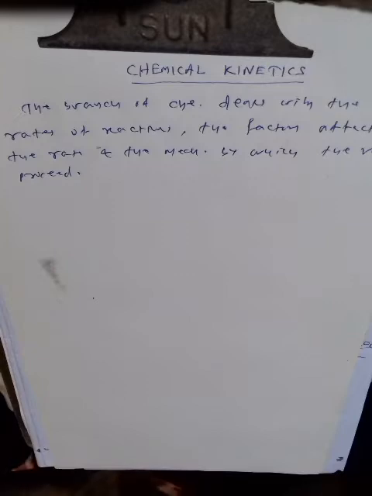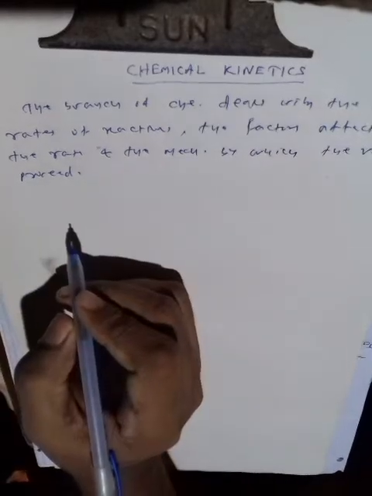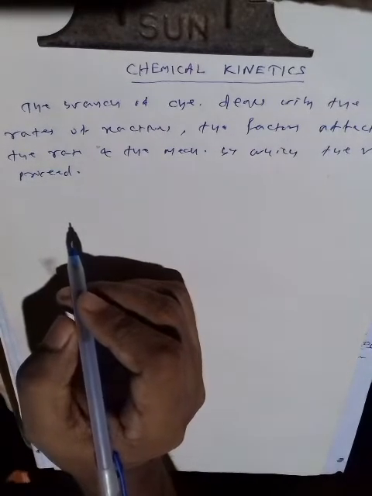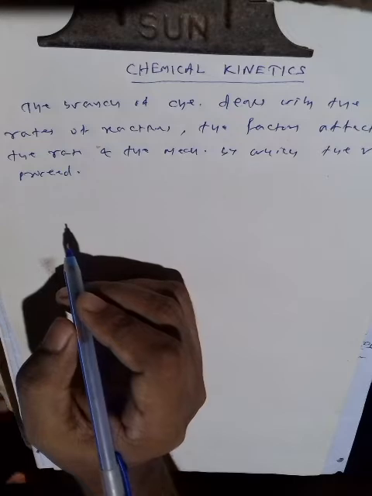After studying this branch, we will be able to know about the rate of reactions, the factors affecting the rates, and the mechanism by which the reactions are proceeding. Then based upon rates, different types of reactions are there, mainly three types.